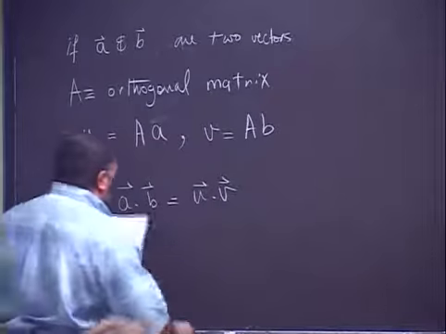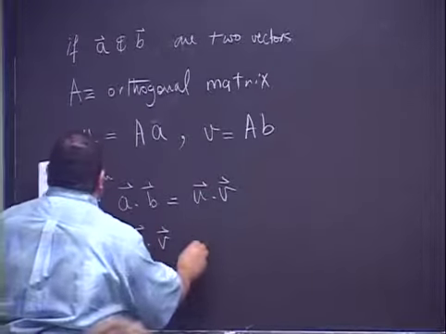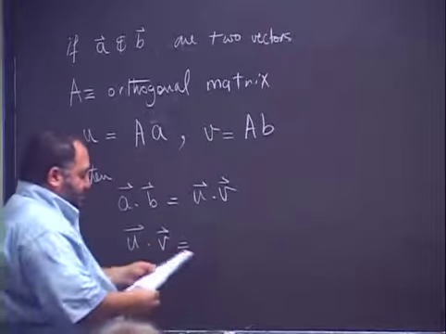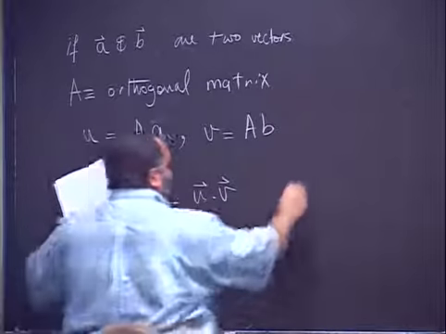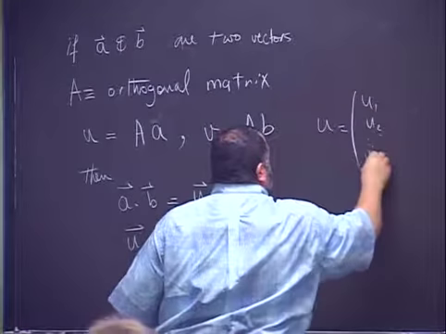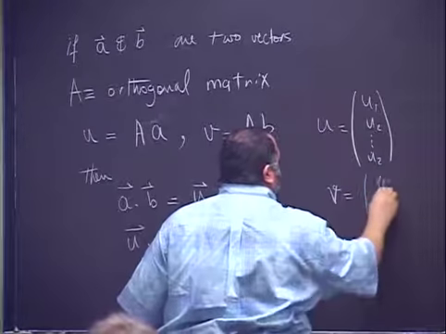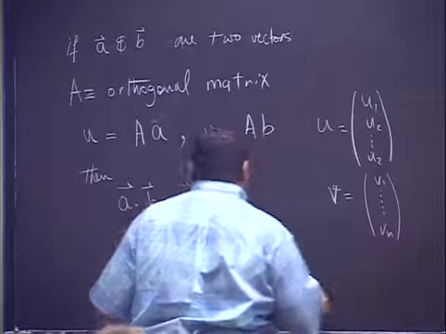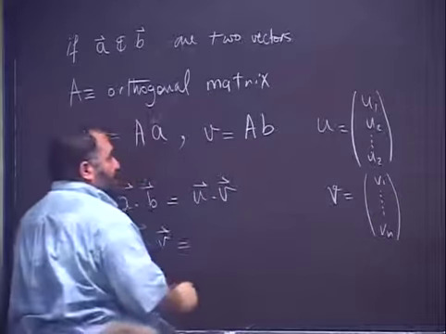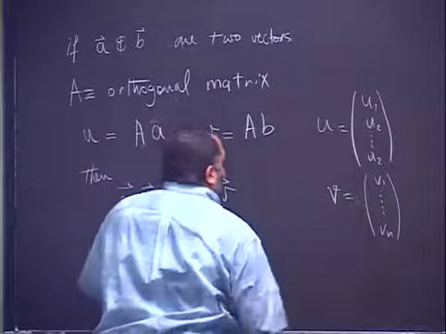So just to prove it, u dot v, this is in real space. If you try to write those in vector form, u equals u1, u2 up to un, and let's say vector v is v1 up to vn. If you want to represent those in matrix form, you have to take the transpose so that you will be able to perform the matrix multiplication.